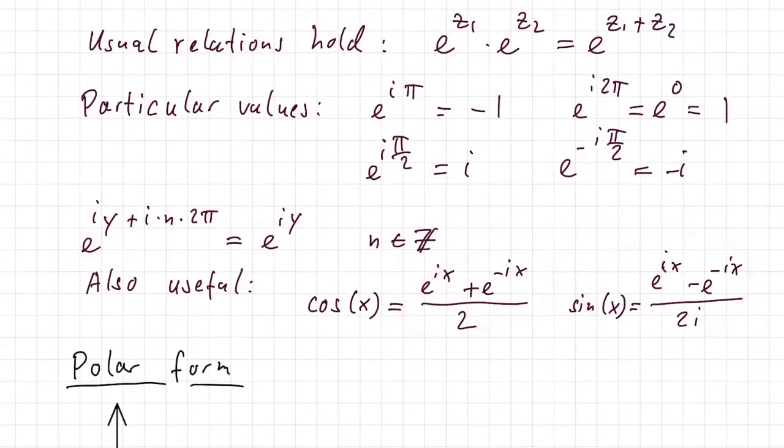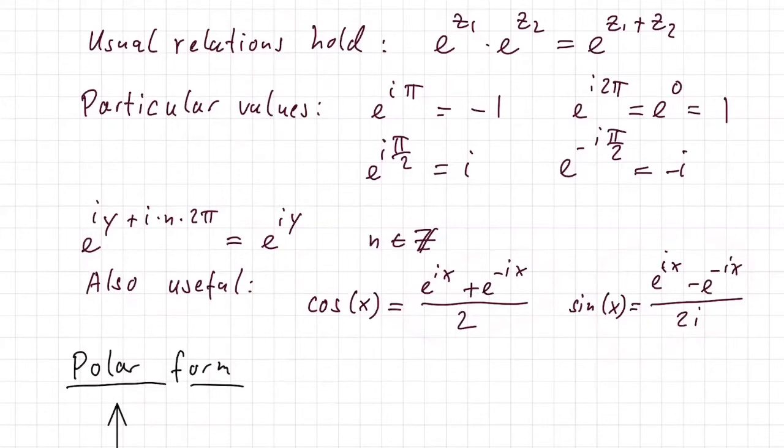Now, I told you that this complex exponential function is the most important function. And the reason for this is that we can actually use it to reformulate other operations on complex numbers.